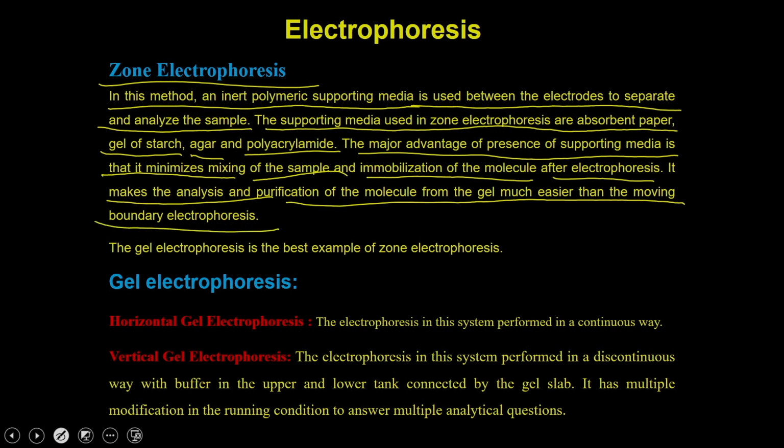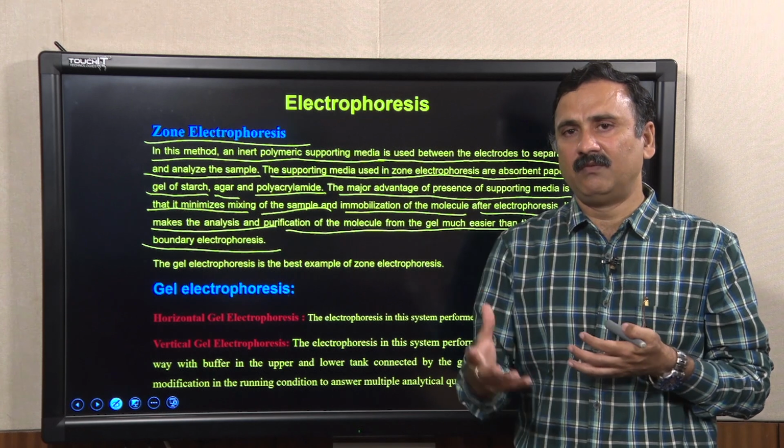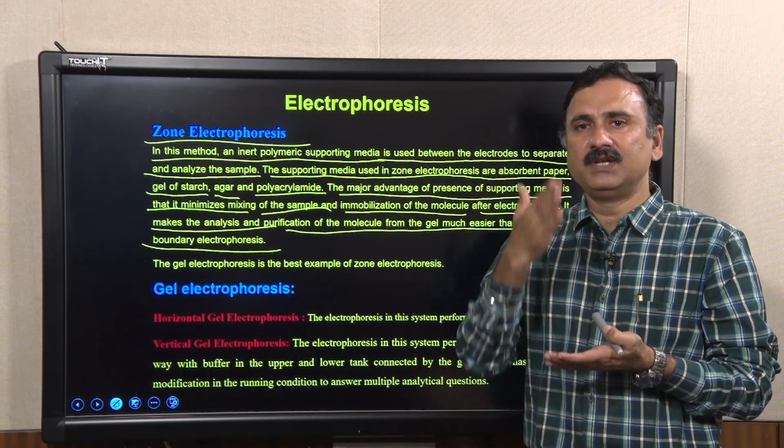So, the major change when people moved towards zone electrophoresis is that they started putting some kind of supporting media, which means some polymeric substances or some kind of gel, so that the molecule will be immobilized onto those.